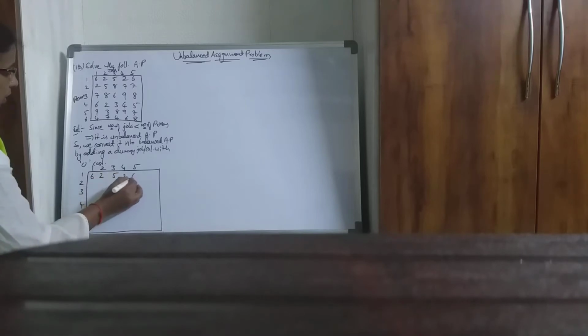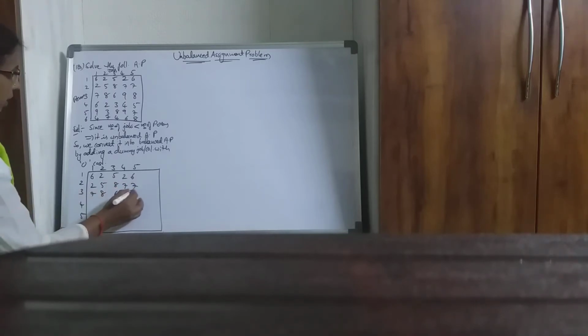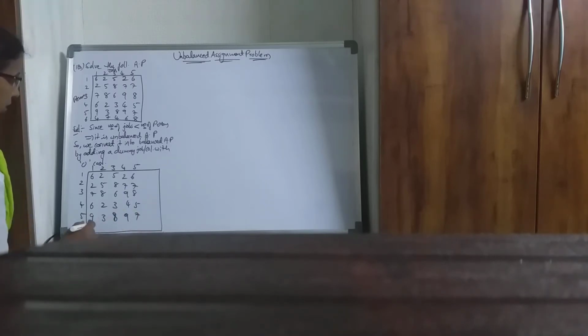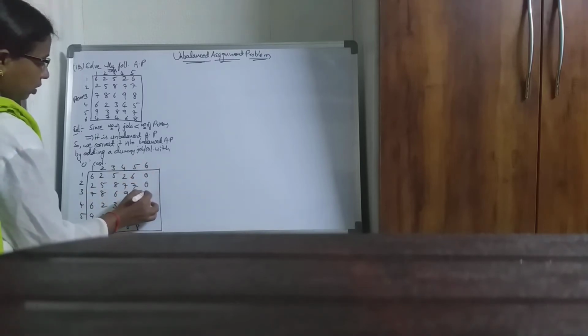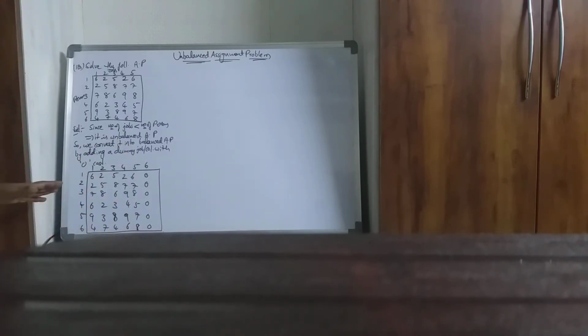I am writing that problem again. 6, 2, 5, 2, 6, then 2, 5, 8, 7, 7, then 7, 8, 6, 9, 8, 6, 2, 3, 4, 5, 9, 3, 8, 9, 7, then 4, 7, 4, 6, 8. Here I am adding a dummy column with zero cost, so all the values in that column will be 0. Now it is a square matrix. It is a balanced assignment problem.